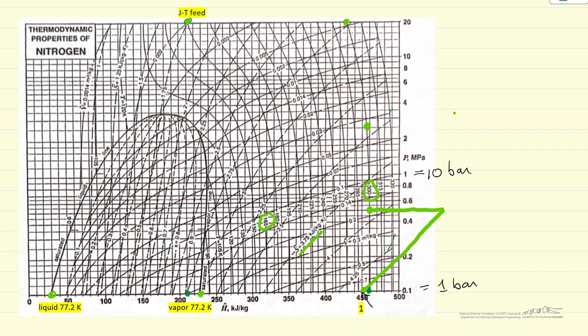Then the next compressor, again at constant entropy, we're going up to 25 bar, 2.5 megapascals, so something like this that goes off scale. And then at constant pressure, you're back to 300. And then the final step is to 200 bar, that's 20 megapascals, again at constant entropy, so something that looks like this. And then at constant pressure, we cool it back down.